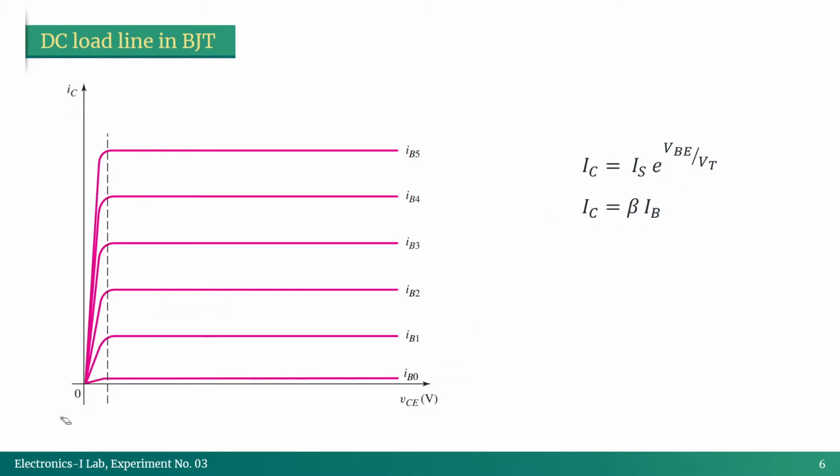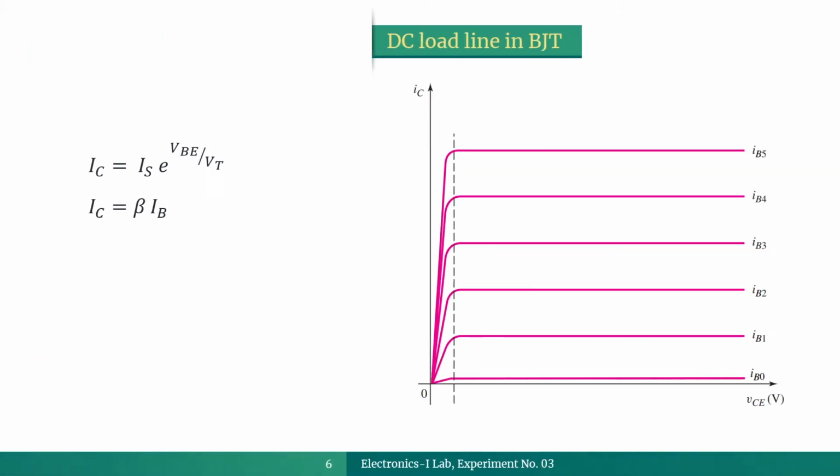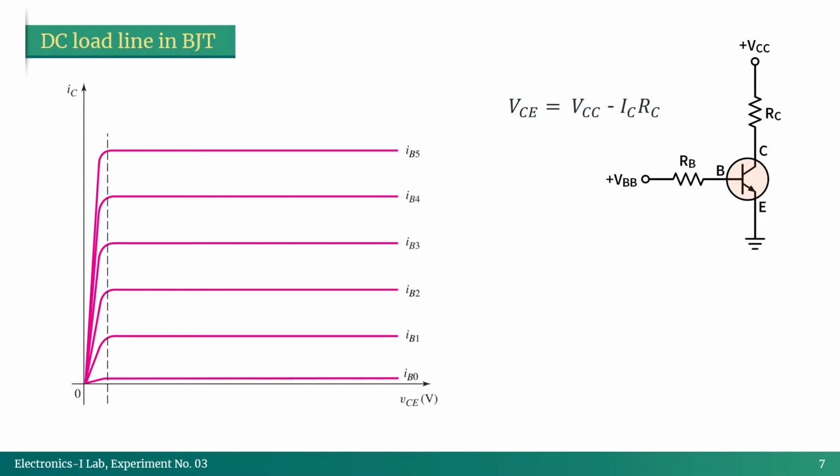Okay, then, what is the DC load line in a BJT? To understand that, previously this graph here at the left was showing the characteristics of our particular BJT. But when we are using that BJT in a particular circuit like this one, with some values of RC, RB, VCC and everything, then that particular circuit can also be described by one equation.